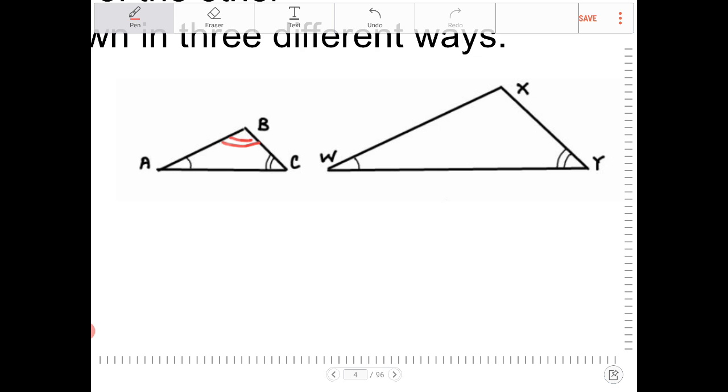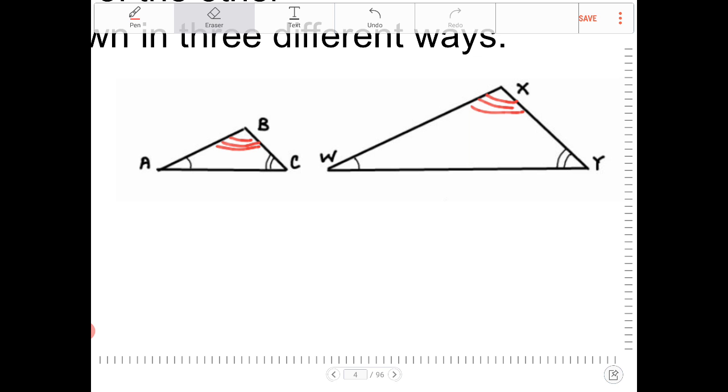Is it absolutely necessary that we need to know all three angles for us to determine whether or not the two triangles are indeed similar? We actually don't need to know the third one, because if the two angles are already congruent here, then it can be implied that the third one has to be congruent, right?